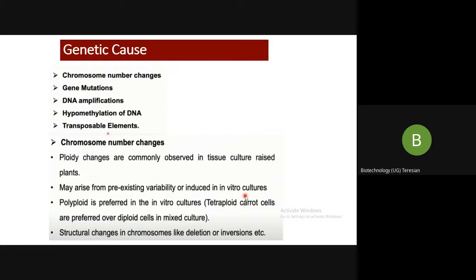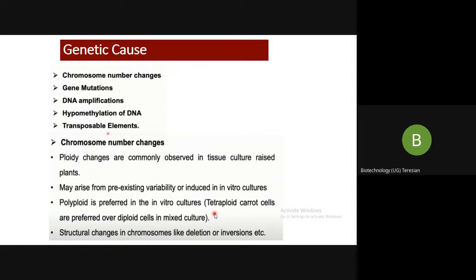So the chromosomal changes would have happened in the pre-existing plant, or been induced in the explant in vitro cultures. Polyploidy is preferred in vitro culture. Sometimes it can have a positive effect. For example, tetraploid carrot cells are preferred over diploid cells in a mixed culture.